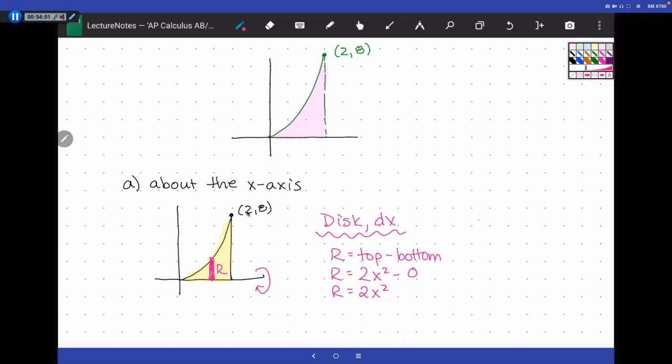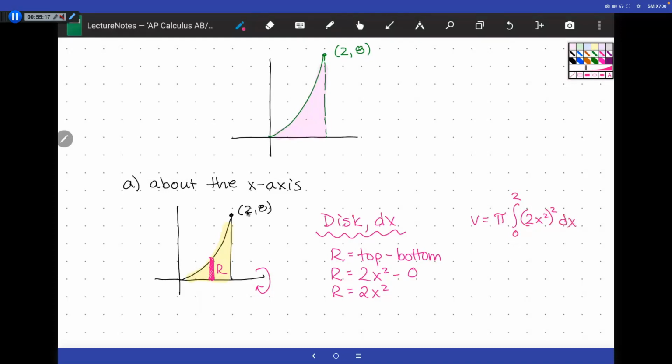Alrighty. Can anybody tell me what the integral is then that we're going to use to solve this? The volume will then be what? Pi integral from 0 to 2 of (x squared) squared dx. Perfect. That is it.